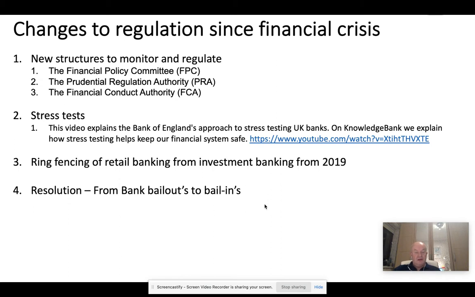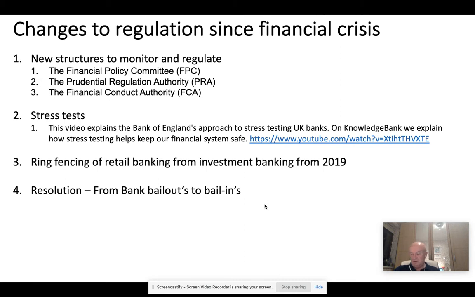In some cases, the Bank of England will carry out some sort of resolution process. So they might look to either help bail out a bank if it's considered to be in the public interest, or they might bail it in. And what they mean by that is they might choose to buy the assets or manage the assets of a particular bank if it's in danger of falling over, for want of a better term.